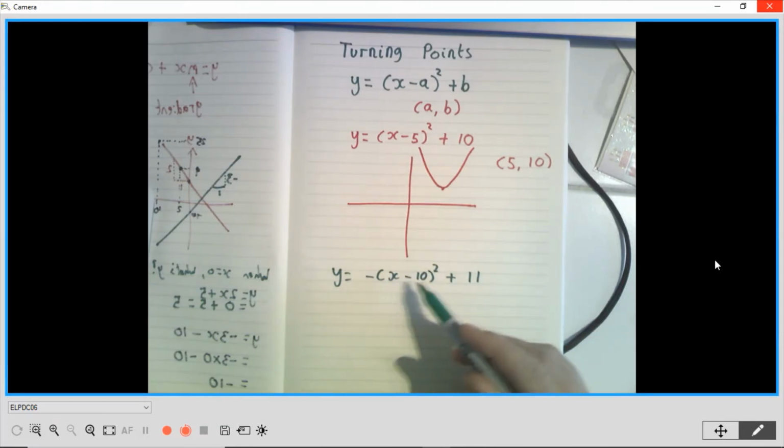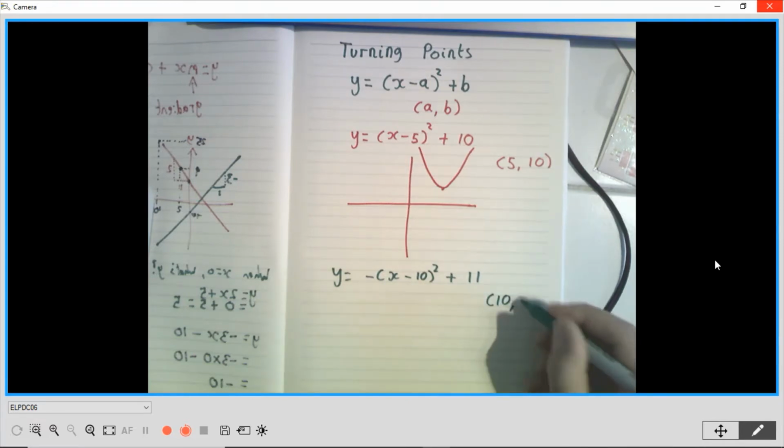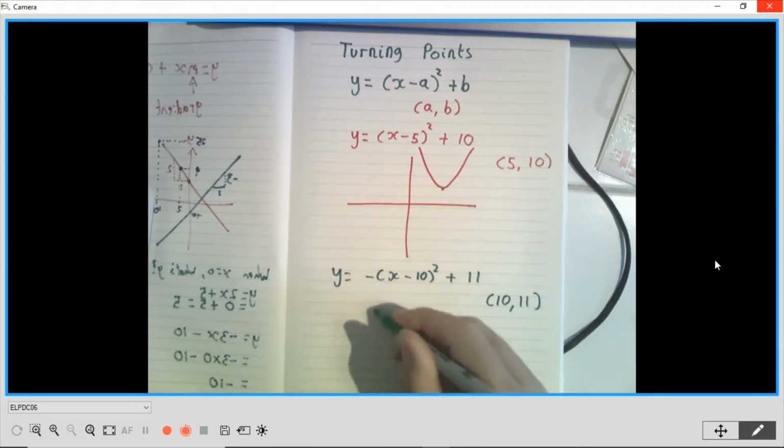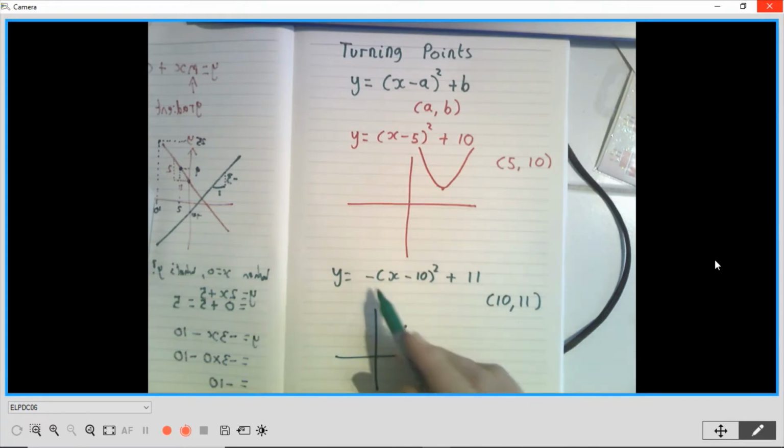Well, our a is going to be 10 and our b is going to be 11. So again, we can sketch this graph. (10, 11) is going to be where it changes direction, the turning point where it turns around. But because it's a negative x squared, because it's a negative here, we're going to have something like this.